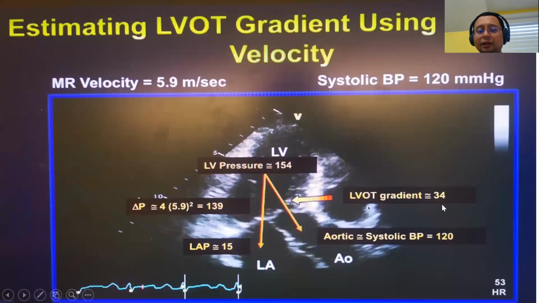Now, the 4V squared of the MR is 139. So LV systolic pressure is 15 plus 139, which is 154. Since you already got 154, you also know your aortic systolic pressure is 120. You can just minus 154 minus 120, so you got 34 millimeter mercury. So that is your dynamic LVOT obstruction.